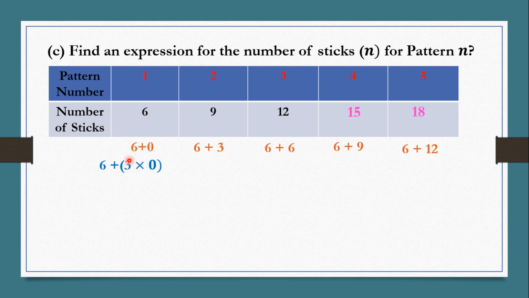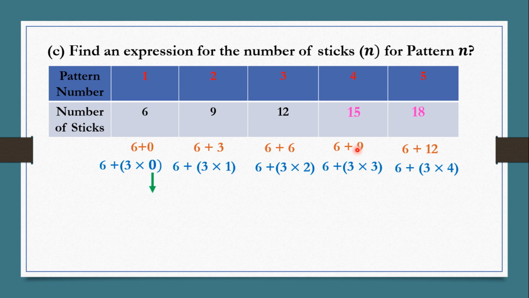Now, the 0 can be written as 3 times 0. Why 3? Because we are adding 3 to get the next term. Here, the 3 can be written as 3 times 1. The 6 can be written as 3 times 2. The 9 can be written as 3 times 3. And the 12 can be written as 3 times 4.